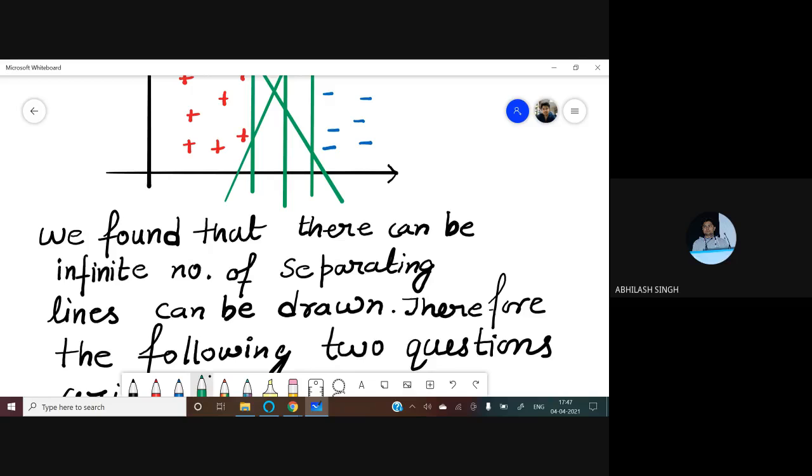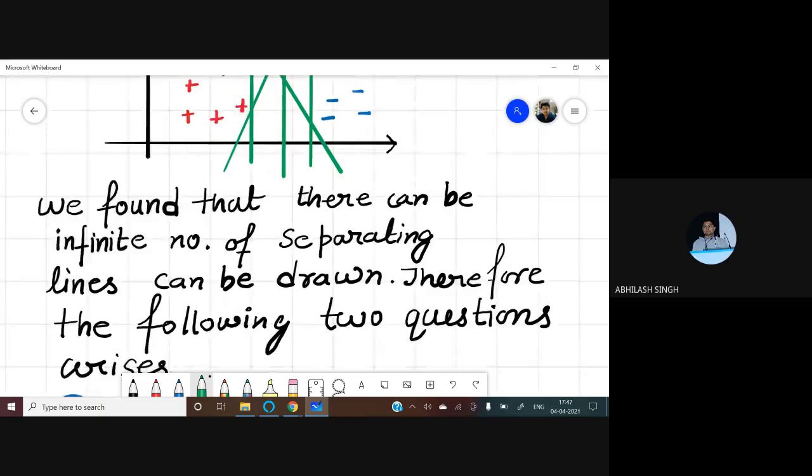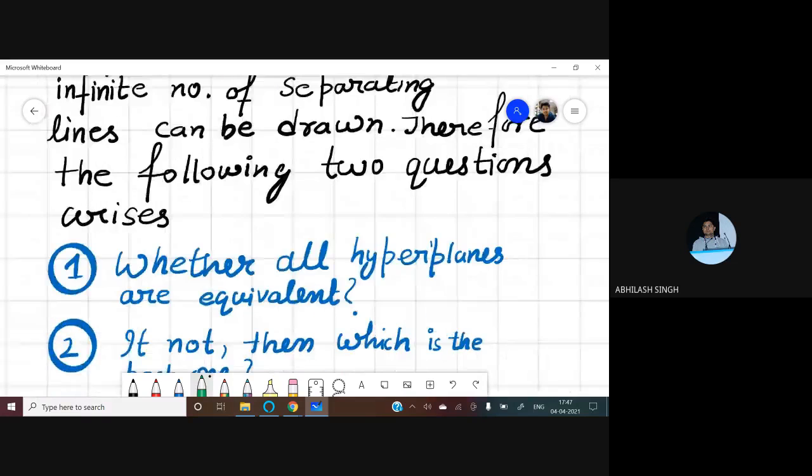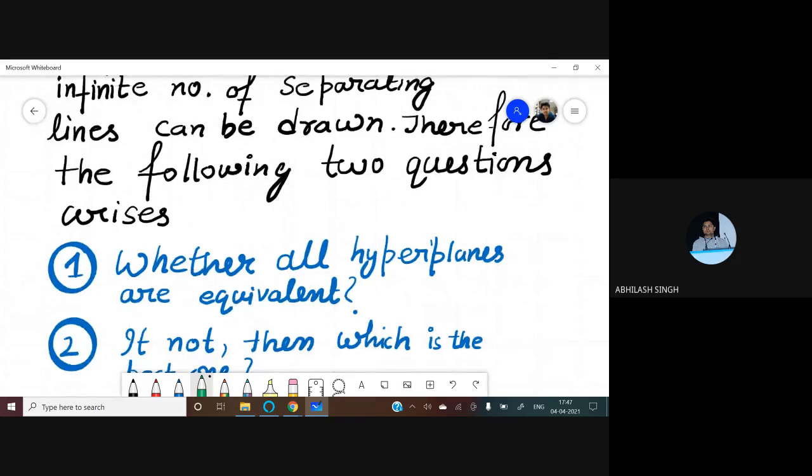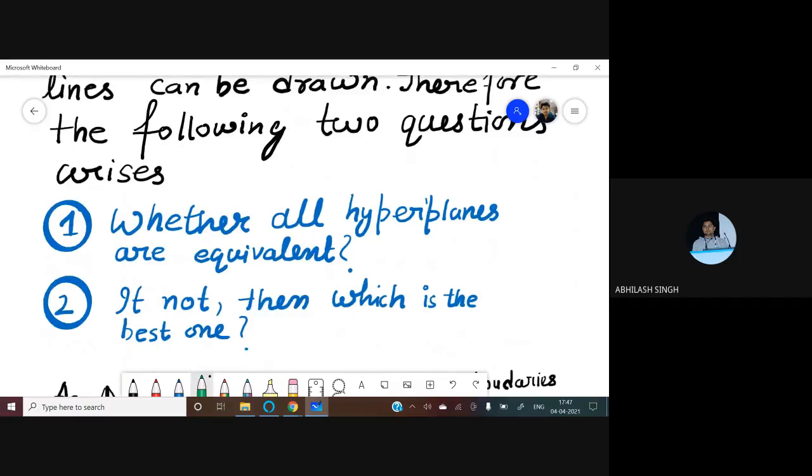So one may ask two questions: whether all these hyperplanes are equivalent or the same, and if not, which is the best one?